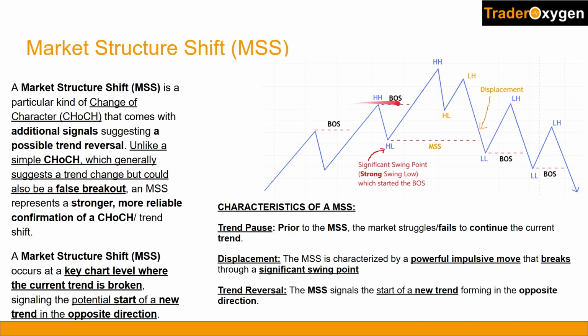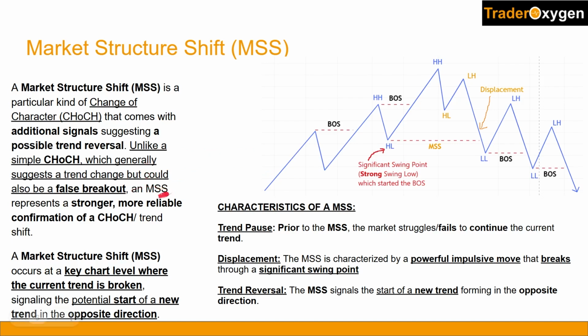So meaning it may not be a real change of character. It may just break the swing low and it may just go up again. Like it may come down and go up. Over here, it's like a false breakout. However, again, don't worry if you can't understand what I said. We will discuss it in more detail in future lessons.